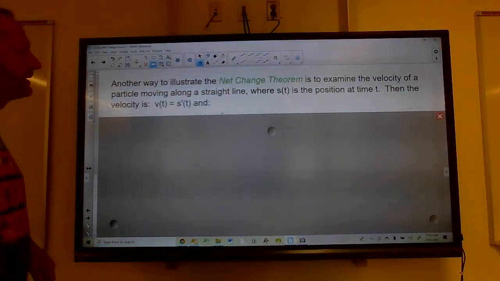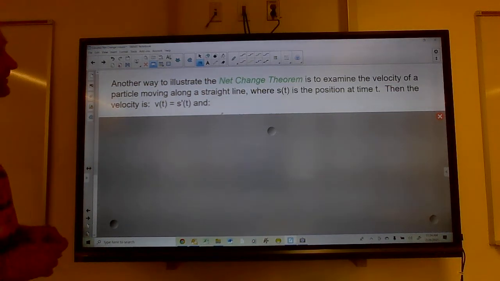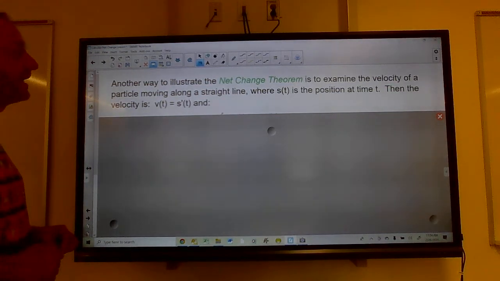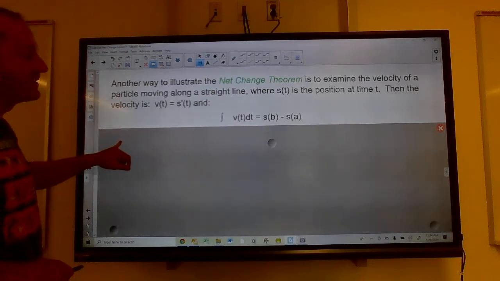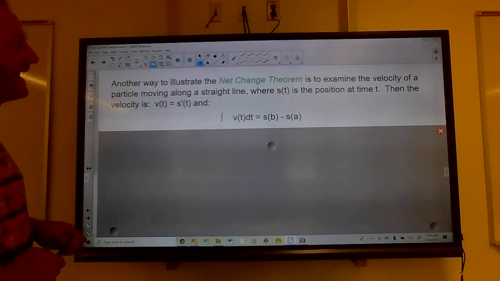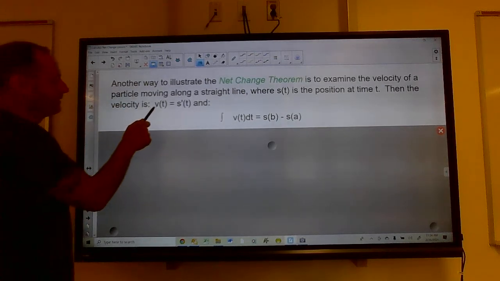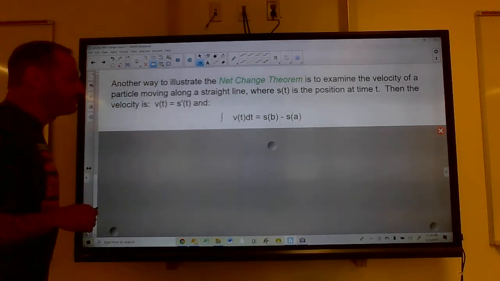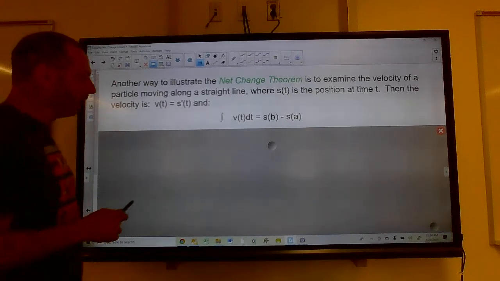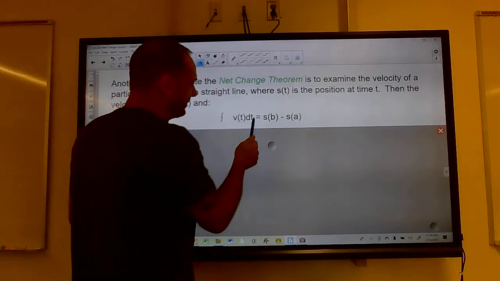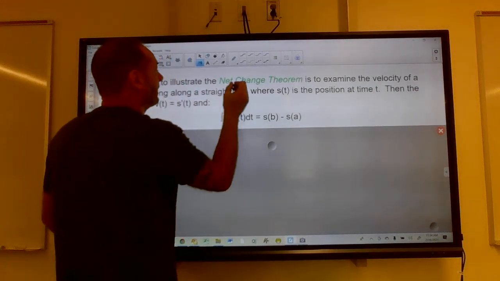Okay, so another way to illustrate the net change theorem is to examine the velocity of a particle moving along a straight line where s of t is the position at time t. Then the velocity, remember the velocity is the derivative of the position function. So the integral of the velocity, I'm sorry, I forgot something here.